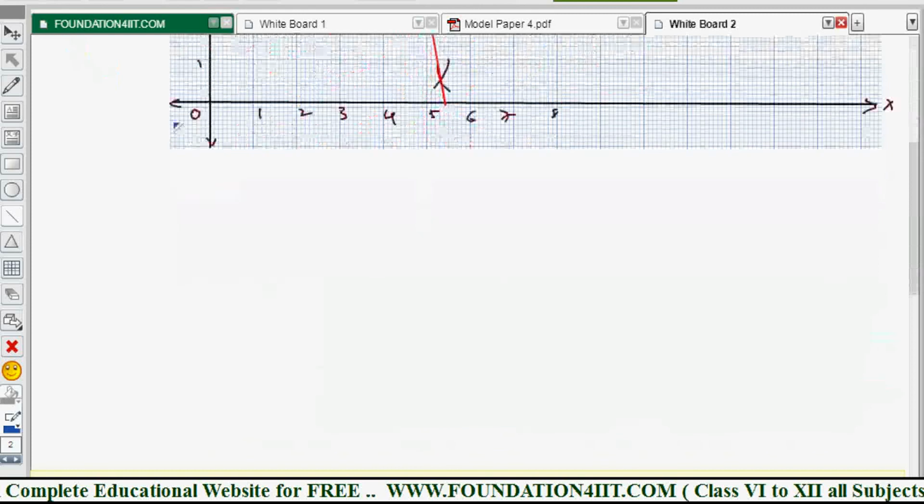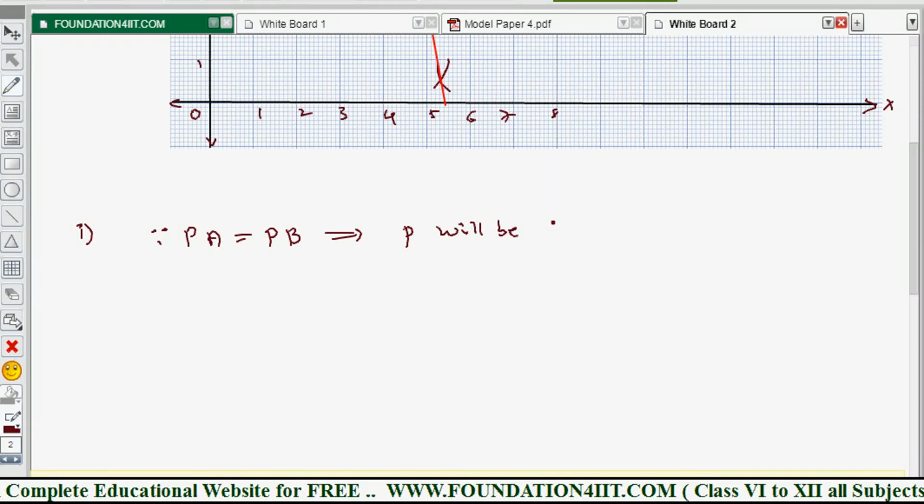Then let me write the information on how I constructed this. According to the given, PA is equal to PB. That means P is on the perpendicular bisector of AB. So AB we should perpendicular bisect first.